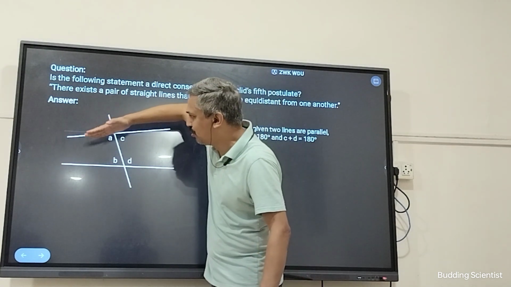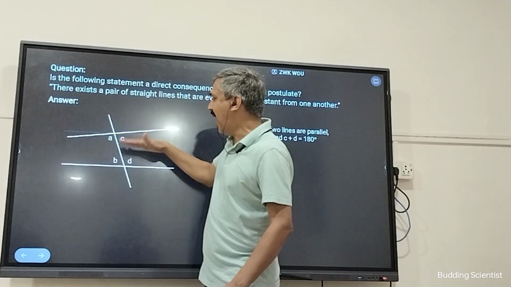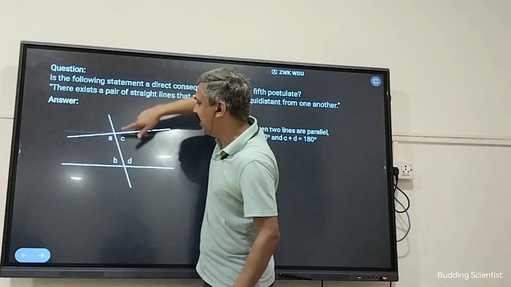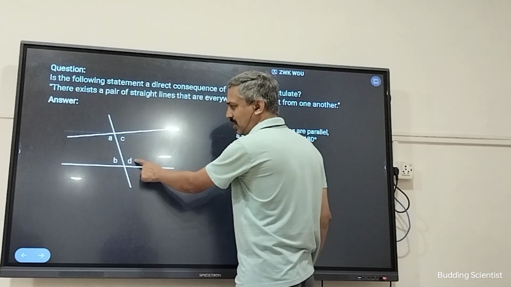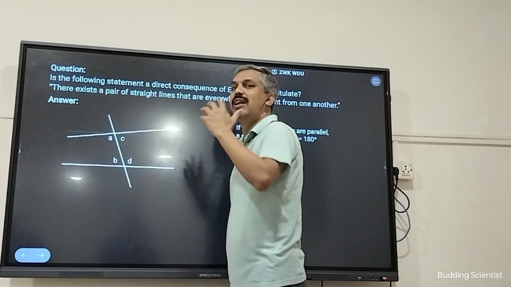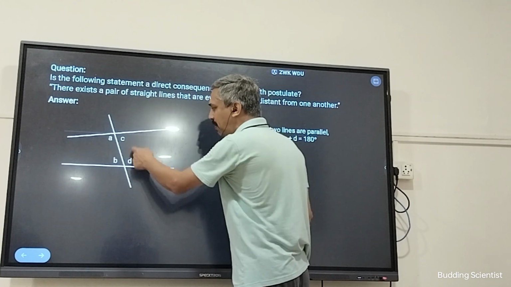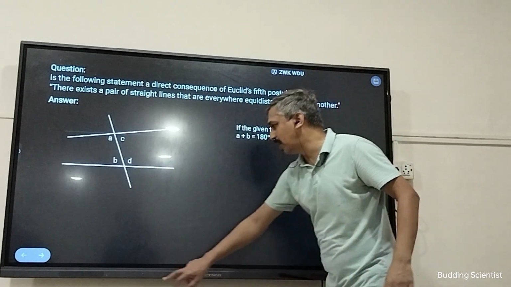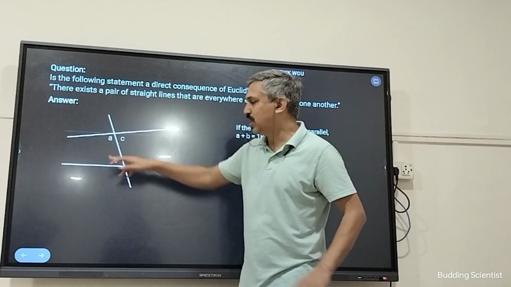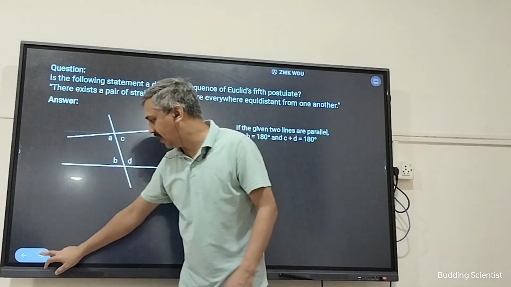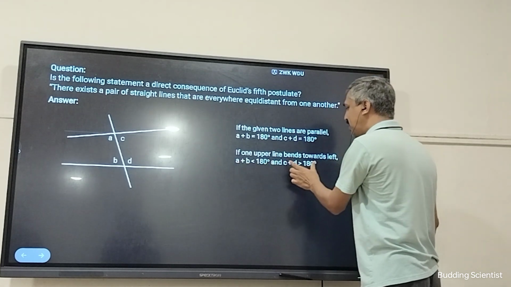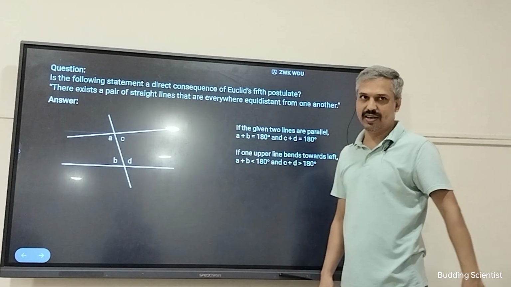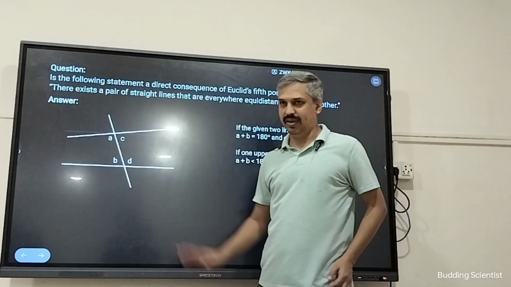Angle A has reduced and angle C has slightly increased. B has not changed. So C plus D would now be greater than 180 degrees and A plus B would be less than 180 degrees. This is what is happening.